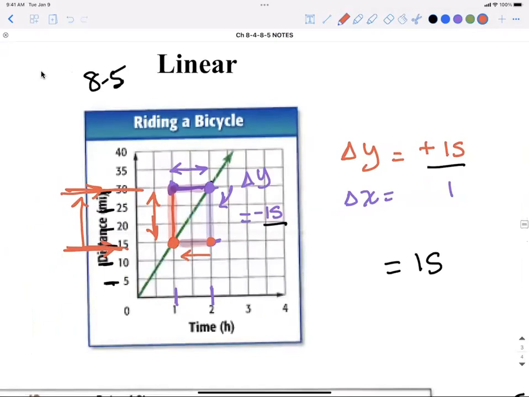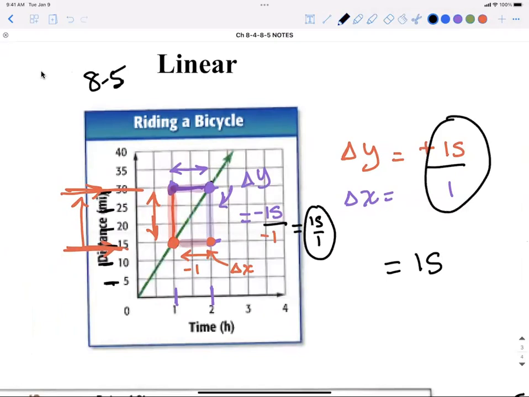Okay, so we're going backwards here. We go from 2 to 1, which is a -1 move. So our change in X is -1. Well, if two negatives cancel out and make a positive, then you still get 15 over 1. And 15 over 1 is what we got when we did it the other way, right?